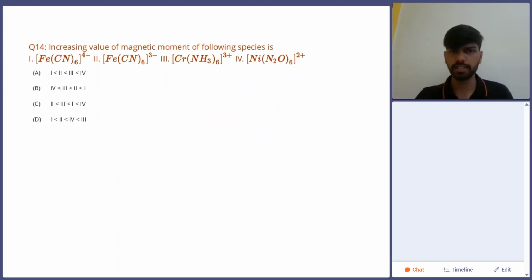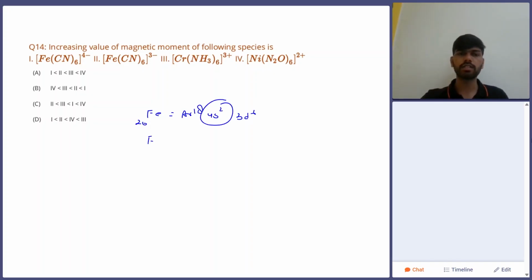Next, increasing the value of magnetic moment for the following species. Magnetic moment here, Fe(CN)6 4 minus. So Fe atomic number is 26. Then the oxidation number is +2. So argon 18 4s2 3d6. 3d6 means Fe +2.